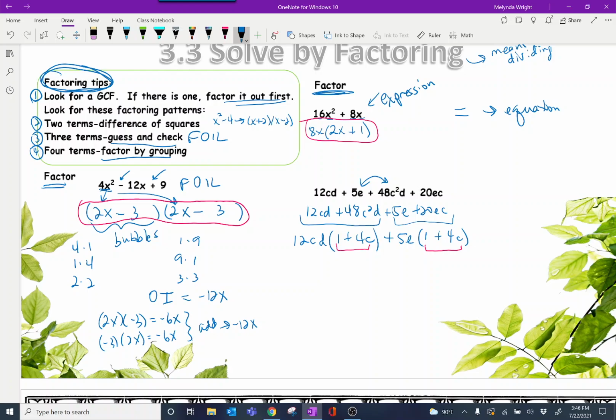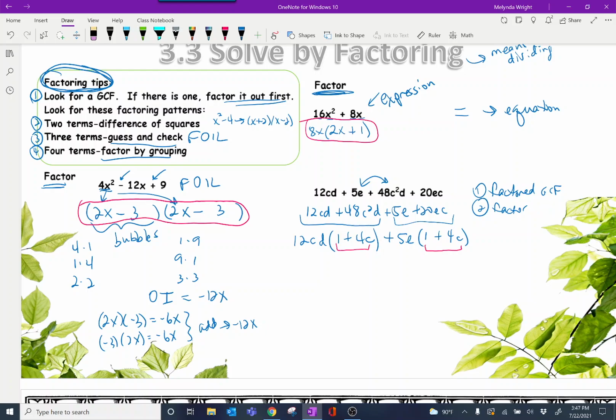So the first stage that we did is we factored GCF. That's what we did. We paired them together and factored. The second thing we're going to do is we're going to factor the bubble.